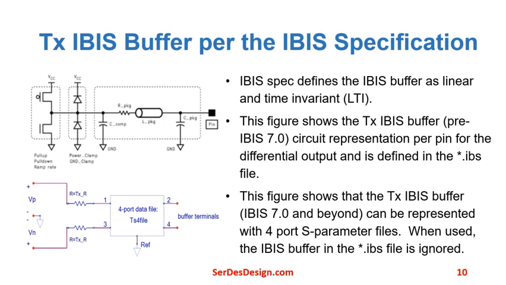The bottom figure, which is per the IBIS spec 7.0 and beyond, shows that the transmit IBIS buffer can be represented with 4-port S-parameter data. When used, the IBIS buffer in the IBIS file is ignored.